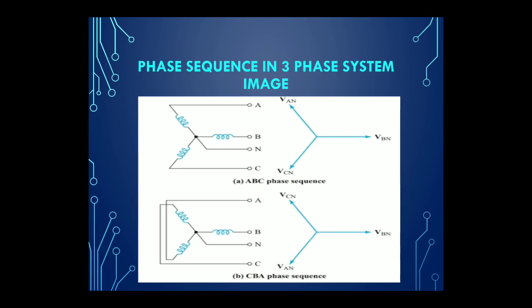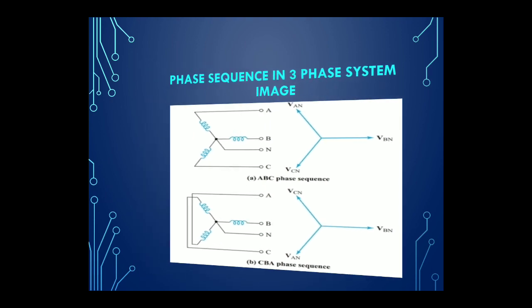So the first one is the ABC phase sequence and the second one is the CBA phase sequence. That is the phase sequence in a three-phase system.